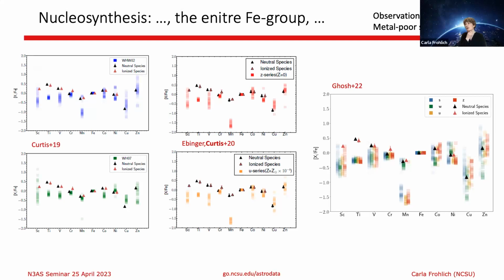So from the supernovae directly, for the iron group, we basically have nickel-56 and maybe 57 and 58 in a few cases. The other elements I'm showing here, you would not get directly from the supernova. In the remnant, you can see titanium, but mostly you have to go look in metal-poor stars.